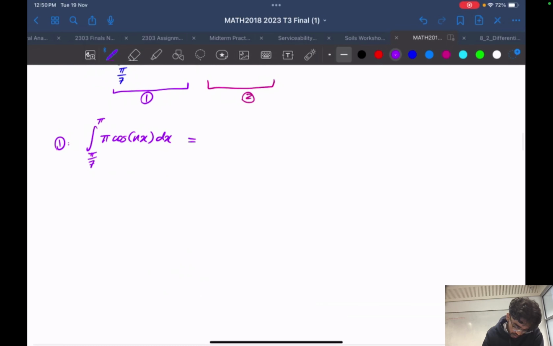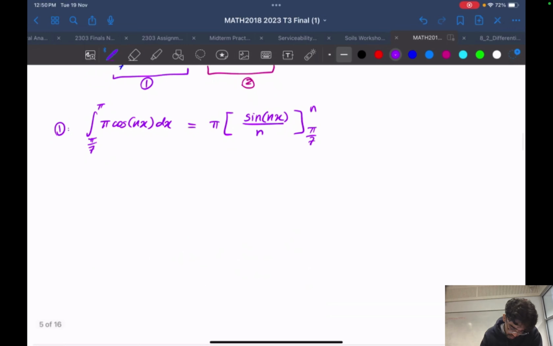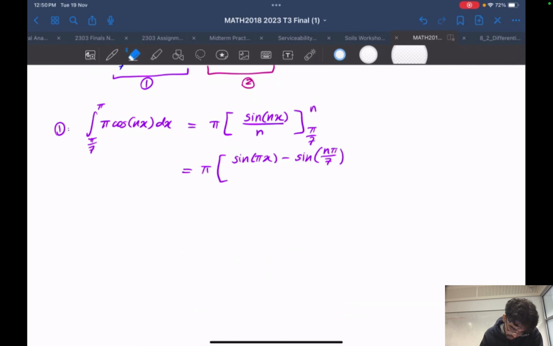This is just equal to pi times, when you integrate cos, you get positive sine, so you get sine of nx divided by n from pi to pi on 7. So you get pi times sine of n pi minus sine of n pi on 7, all over n.